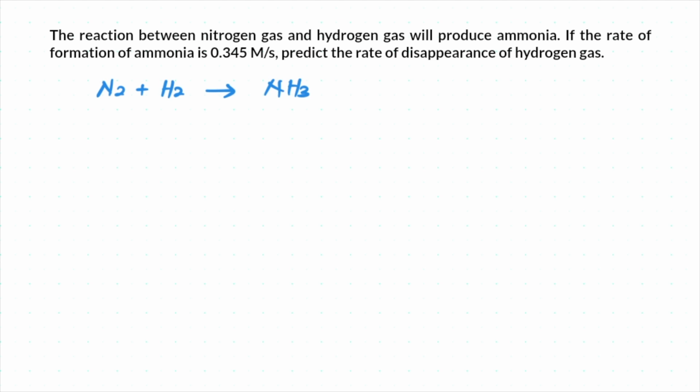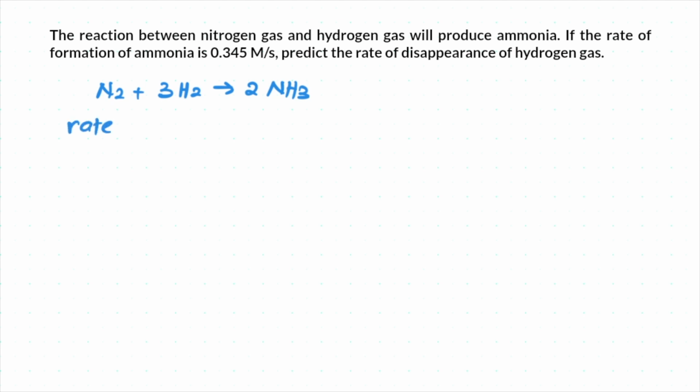From here, you have 2 hydrogen and here you have 3 hydrogen. So if we times 2 here, that means 6, so here we need to put 3. Here we have 2 nitrogen and here we have 2 nitrogen. So this is a balanced equation. The next thing that we need to do is to write the rate expression.